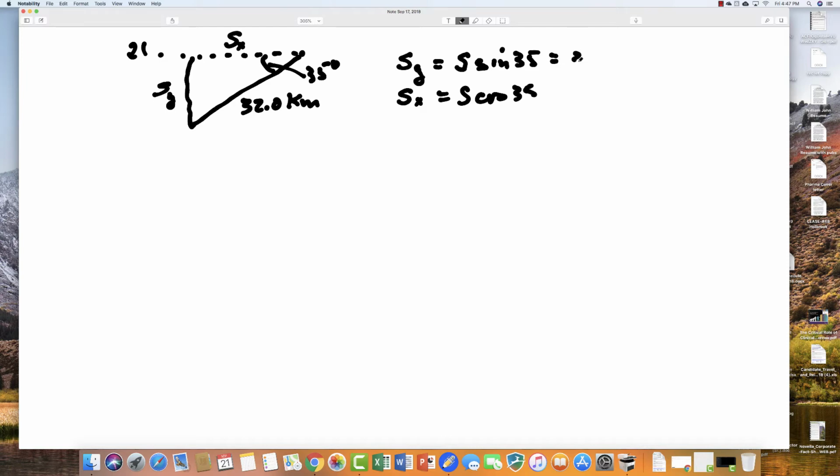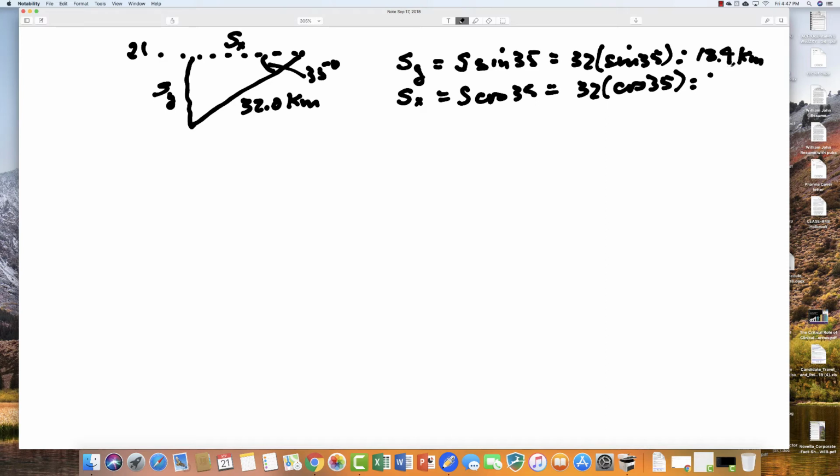This is going to be 32 times the sine of 35 degrees. And this is going to be 32 times the cosine of 35 degrees. And if we do the math here, we get for the sine component, or the south component, 18.4 kilometers.